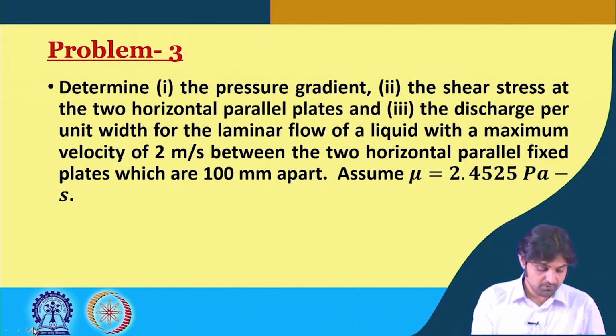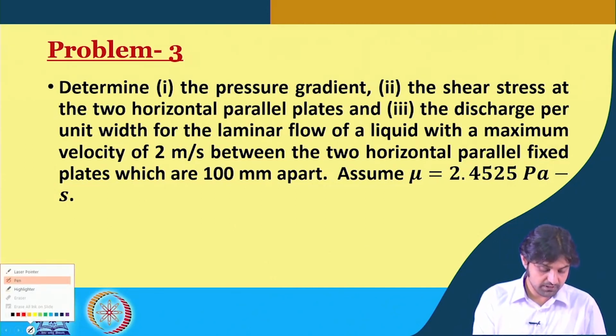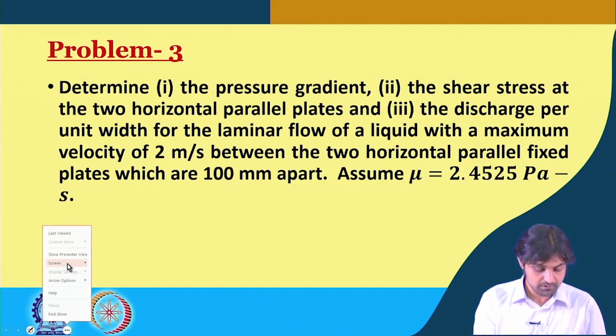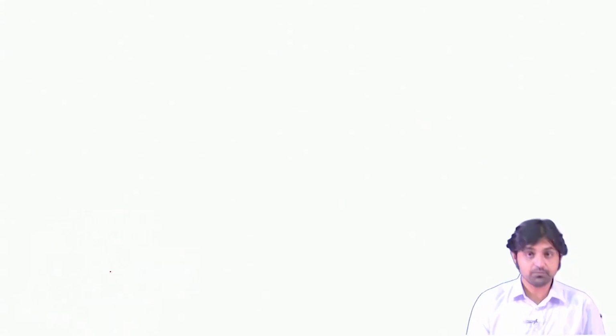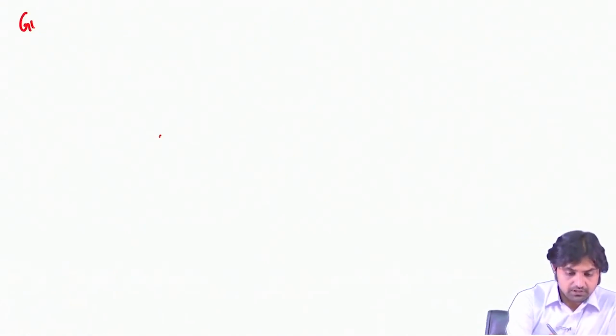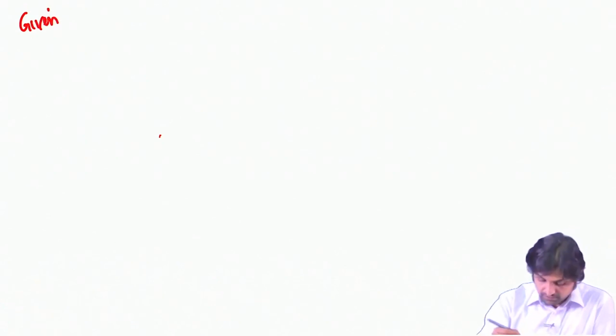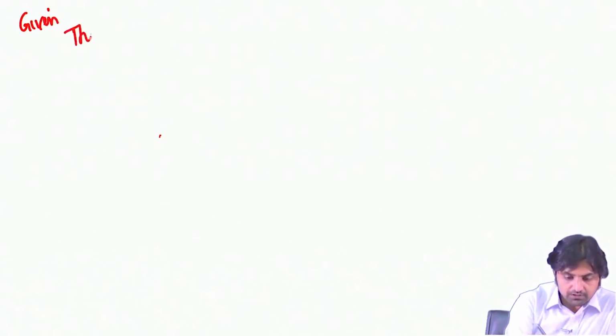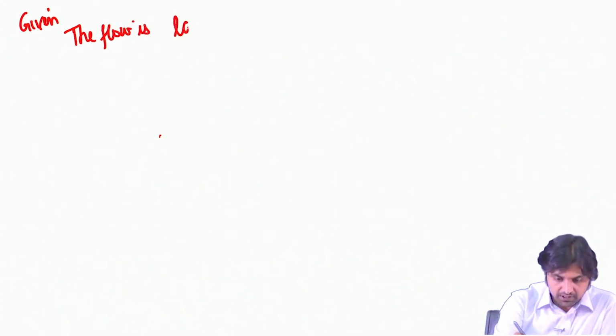To solve any problem, what we do is we simply write first the things that we know from before. First we write out the things that are given. Given is the flow is laminar.